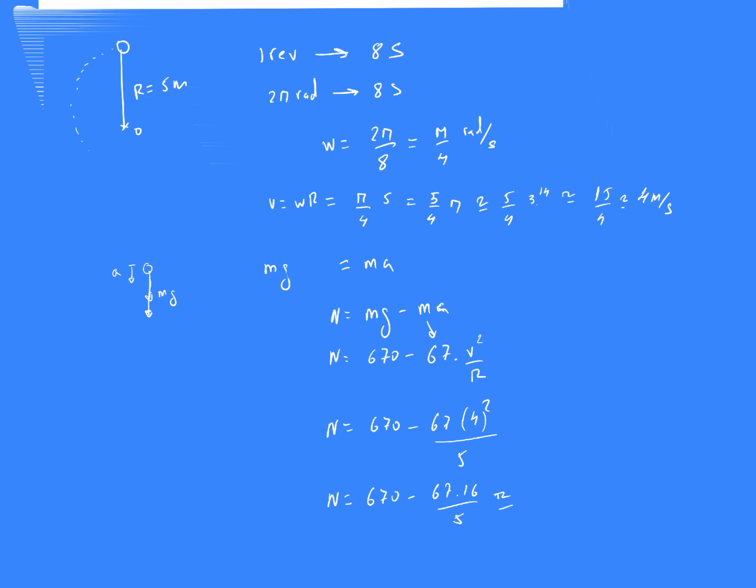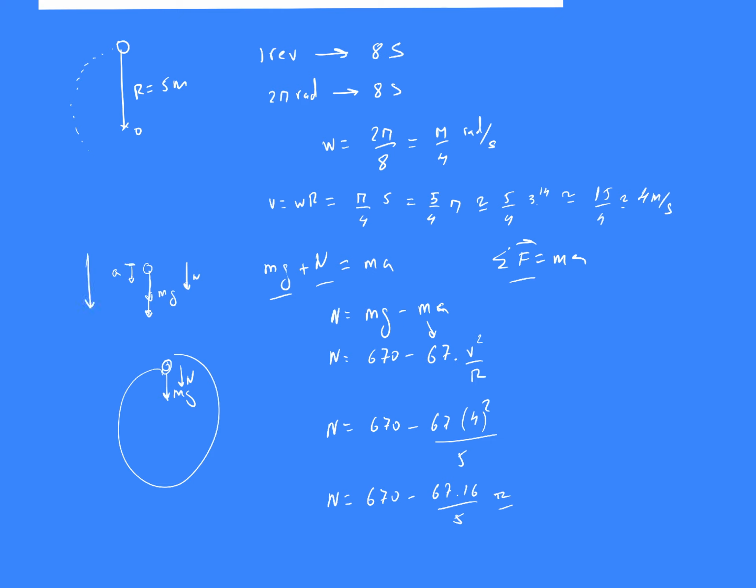So at the highest point, there is the normal force going downwards. This is the wheel, and she is at the highest point. This is mg, and there is a normal force pulling downwards. So the equation from Newton's law says the sum of all the forces equals the mass times the acceleration. The sum of all the forces is mg plus N, with downwards chosen as positive.